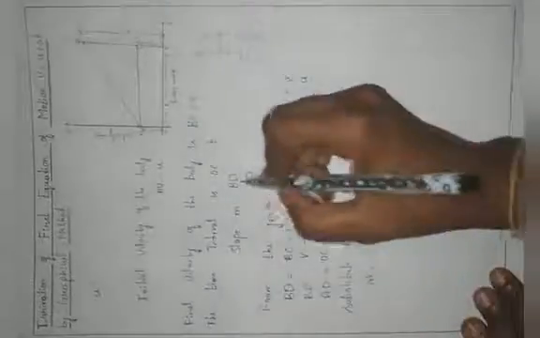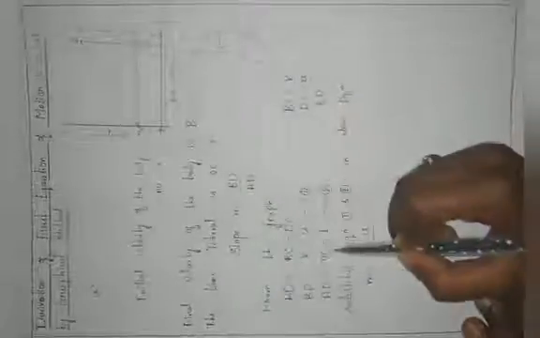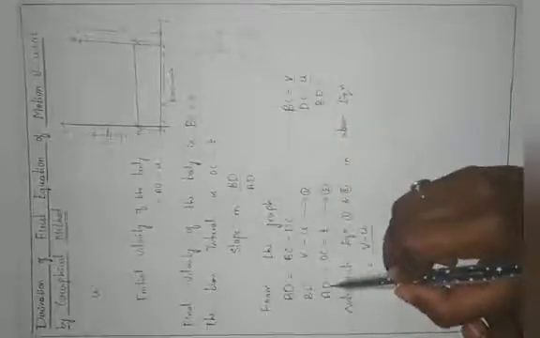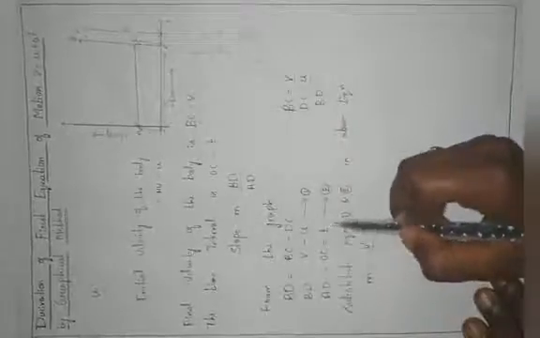Okay. Now slope m is equals to the value of BD, V minus U, correct? Divided by the value of AD, which is T. AD is equals to OC is equals to T.